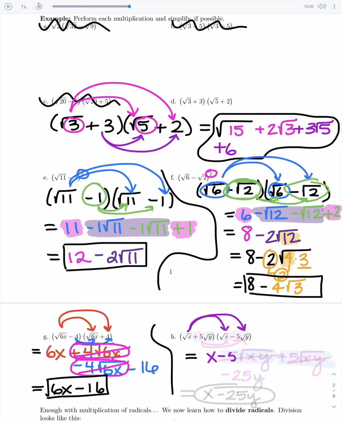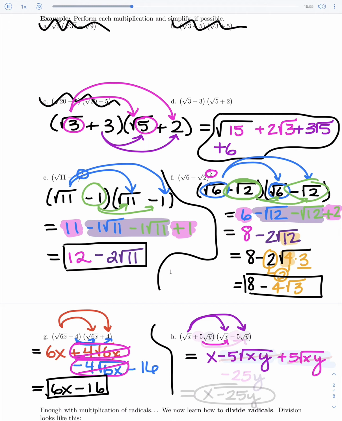The negative 5 will stay on the outside, and the x and y will stay on the inside, just like you see them there. They'll just be together. Let's go with now multiplying out the 5 square roots of y with the square root of x. That'll give us a positive 5 square roots of, well, the x and y are again both in the square root, so they'll still be in a square root.